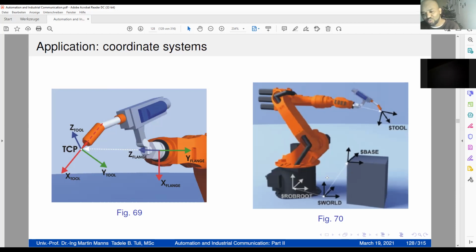Which axis should you rotate first? Is it X, Y, or Z? This sequence could be controlled by using the robot's angular representations, Euler or quaternion. It's you who has to decide.